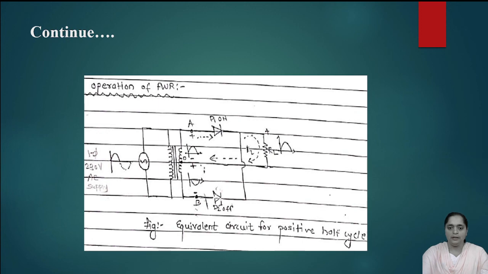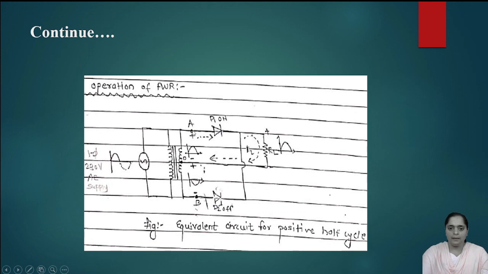In that we will see the operation of full wave rectifier for the positive half cycle. Here positive half cycle consists of again single phase 230 volt supply, step down center tap transformer, diodes D1, D2 and load resistance. So for our sake of simplicity, here we have considered the polarities as plus, plus and minus.